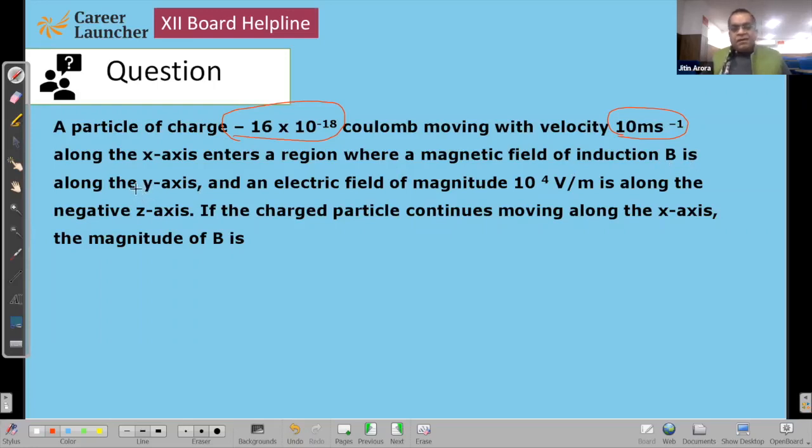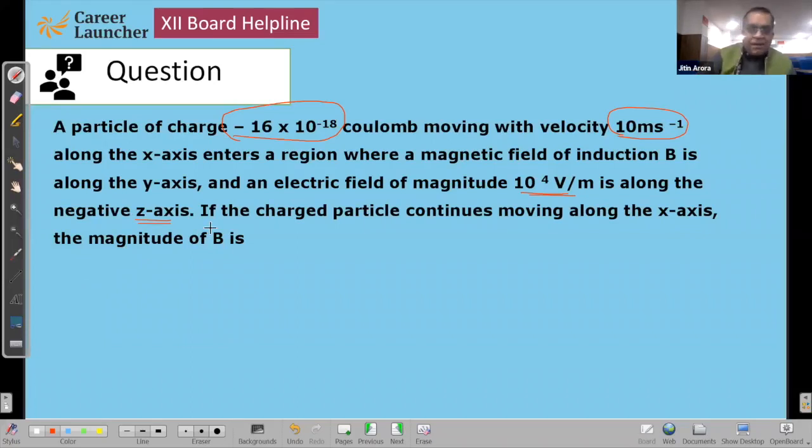So magnetic field है along the y-axis and an electric field of magnitude this along the negative z-axis. If the charged particle continues moving along the x-axis, the magnitude of the magnetic field is.